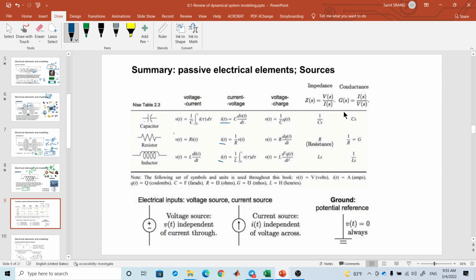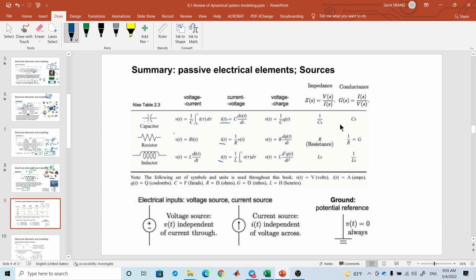For the one parameter that makes the relationship between current and voltage, it is called resistance or conductance.